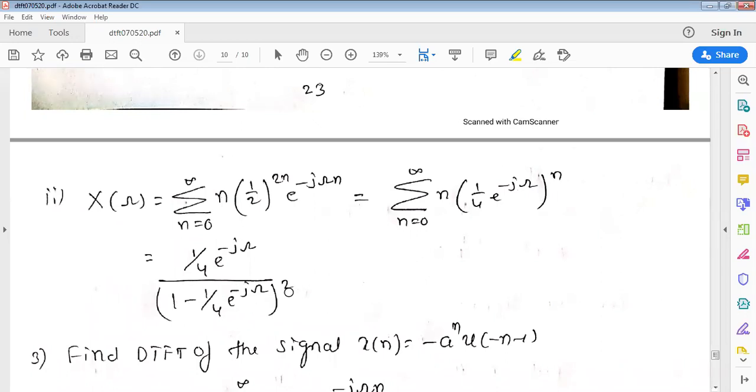Okay, like this you can directly write the answer. Otherwise, n into a power n u of n directly translates into a by 1 minus a whole square. So there is a result directly given. You can use that result, but otherwise you can use the differentiation property and write the answer also. Okay. So we'll stop here.